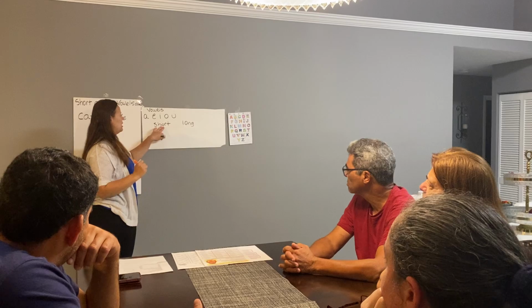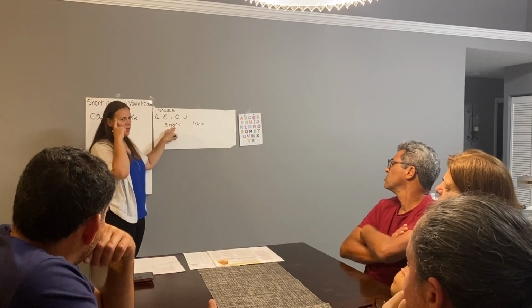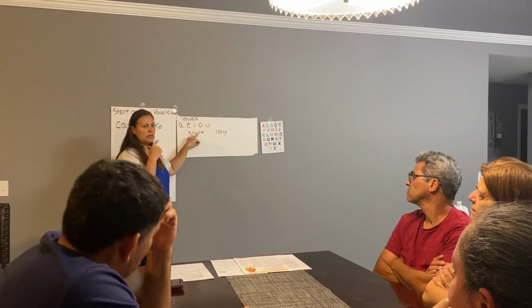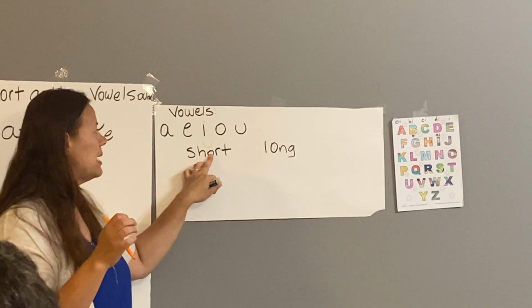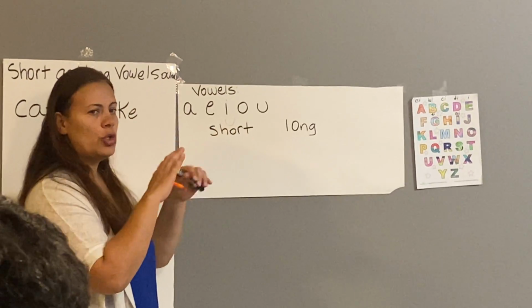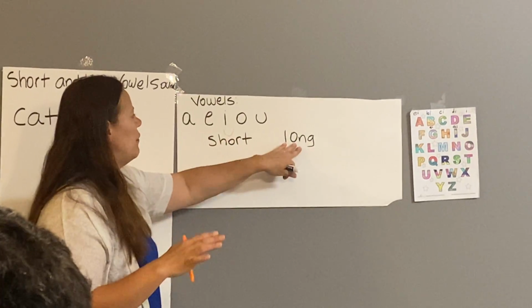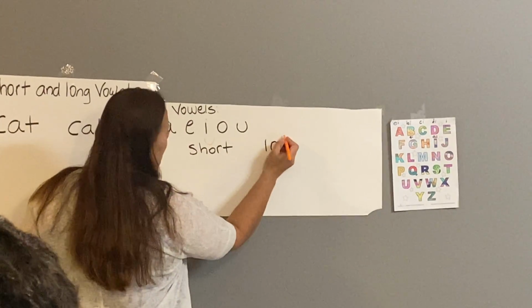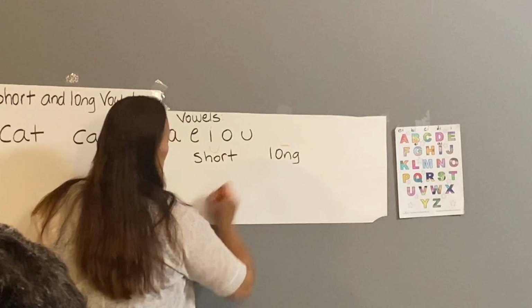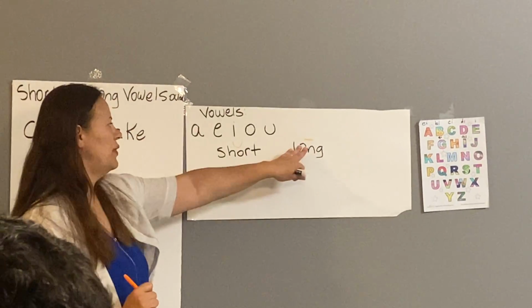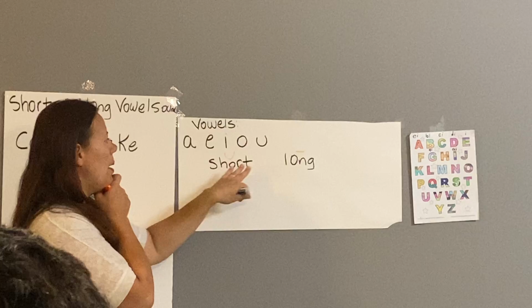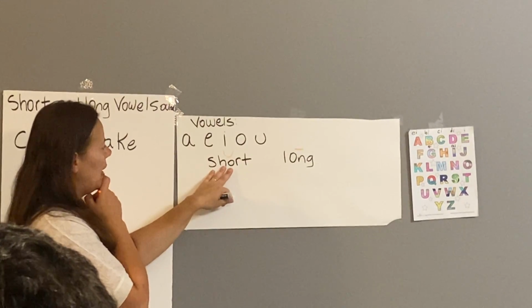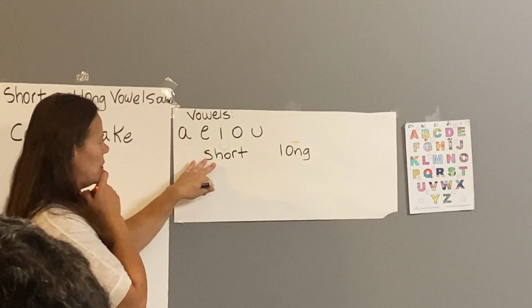So when we think of a short sound for the vowel, we put a smiley face on top of the vowel so you can remember that that vowel is going to sound in short sound. For the long one, we put a line, just for you to remember that the vowel is long. But let's go ahead and talk about the short vowel sounds.